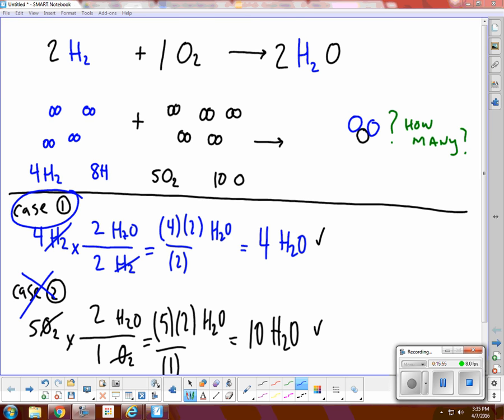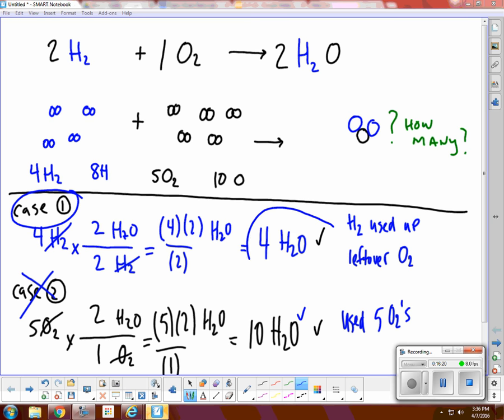Case 1 is going to work because we've used up all the hydrogen and we have leftover oxygen. Case 2, on the other hand, we used 5 oxygen molecules and we made 10 waters, when before, if we used up all of our hydrogen, we were only able to make 4 waters. So this is not the amount of water we make. We end up making 4 waters.